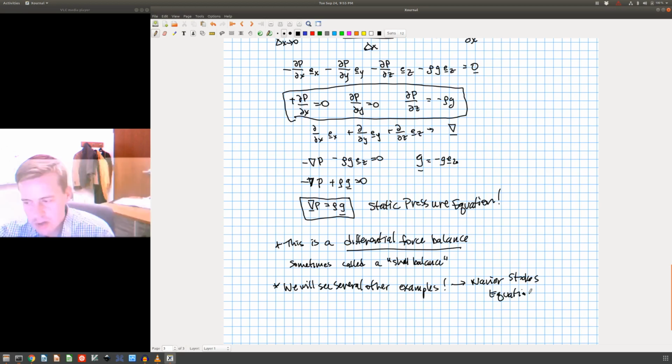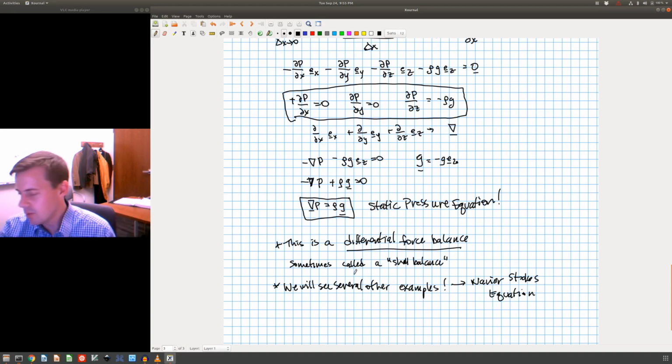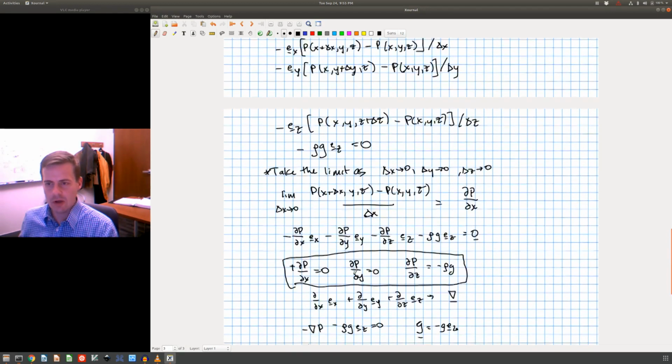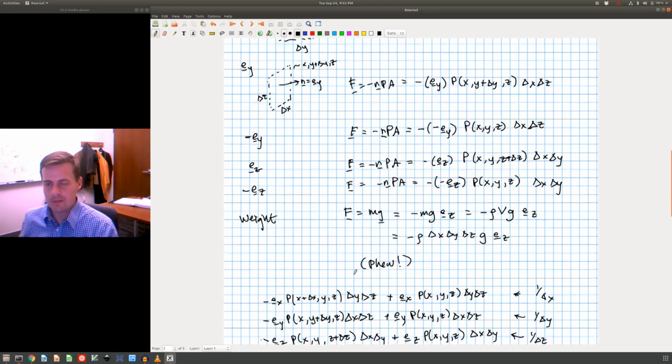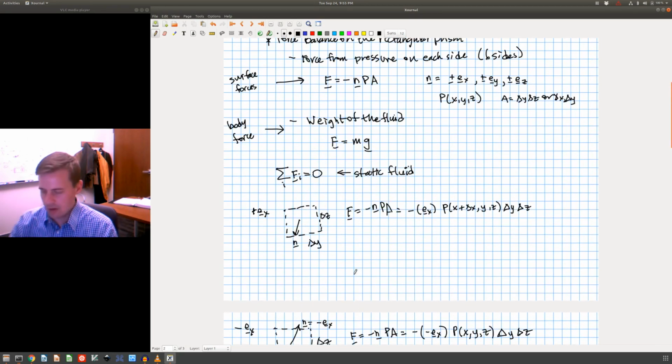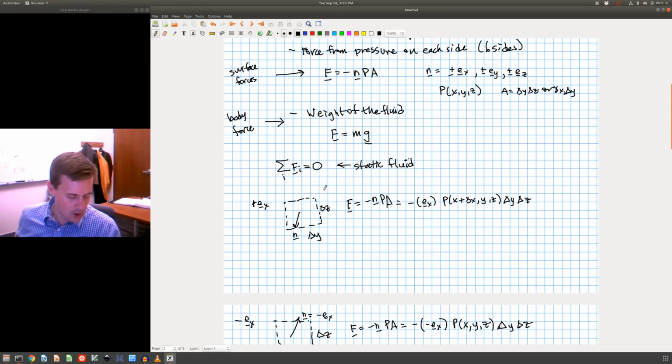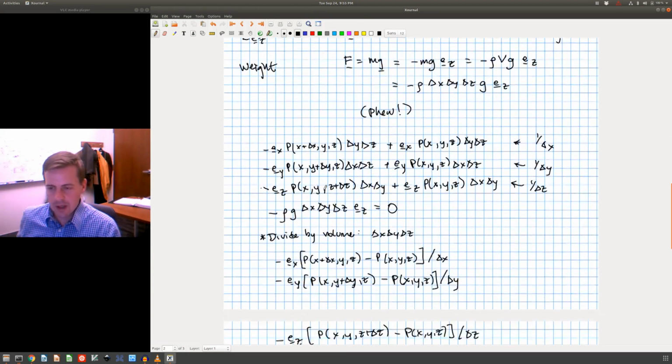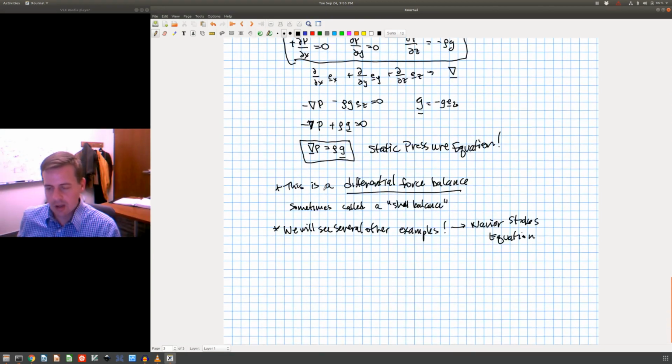As a matter of fact, the Navier-Stokes equation will be the force balance when we add in the mass and acceleration terms. So when we go back to this guy up here and add stuff back in on this side, that's how we're going to get the Navier-Stokes equation. Okay, I think that's all I have. Hope that was useful.